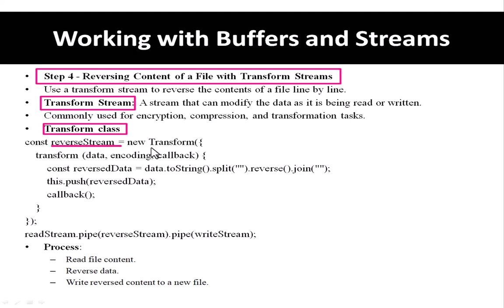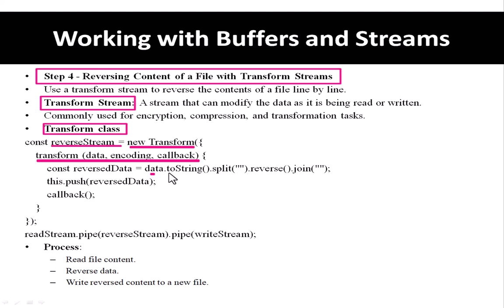Here the constant which we declare is reverseStream, the name of the object, and we use new Transform. Here we use a transform function which accepts three arguments: the data to be read, the encoding, and a callback. Here we have a reversed data.